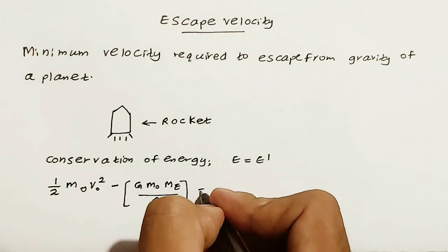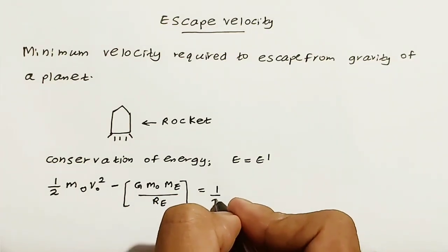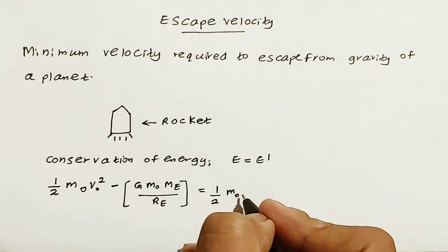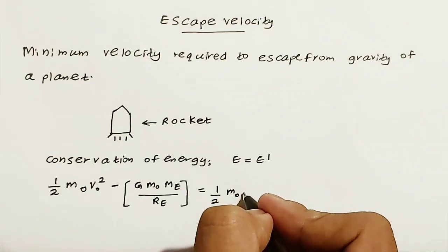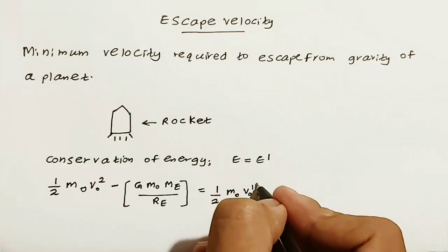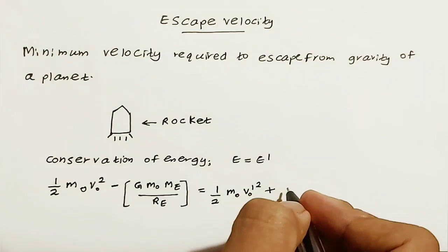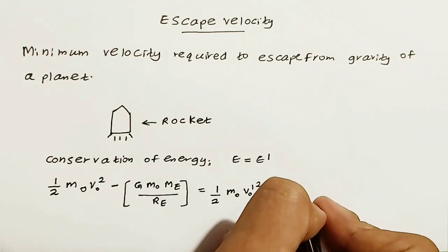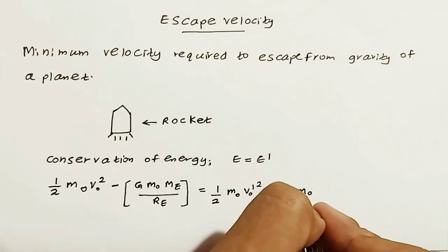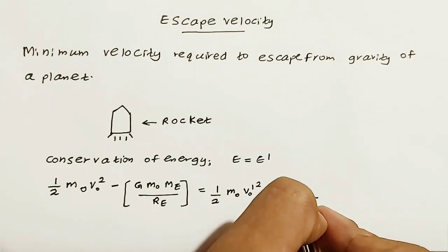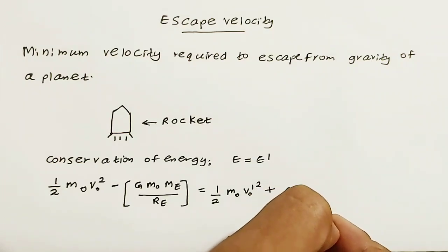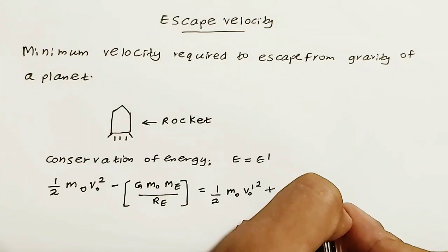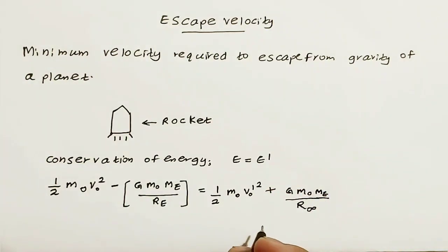This is equal to half m naught times the final velocity v naught dash squared, plus G times m naught times M over R infinity.